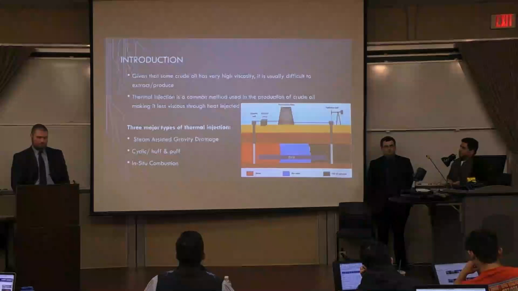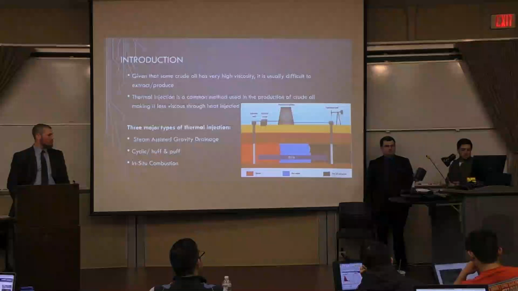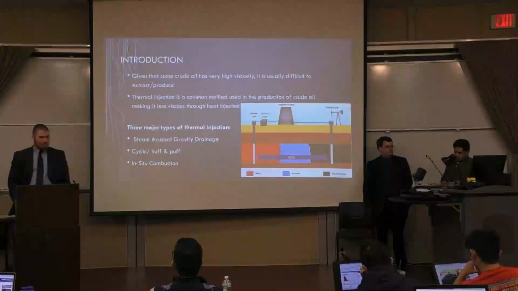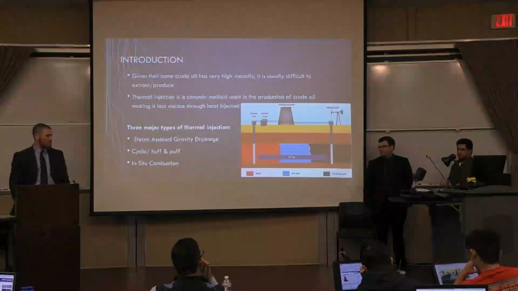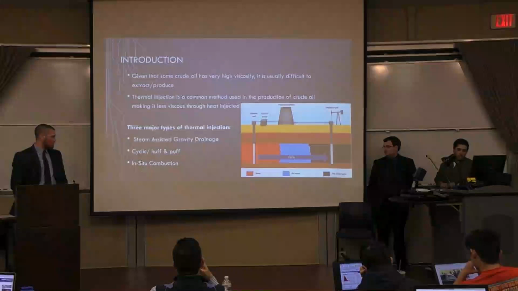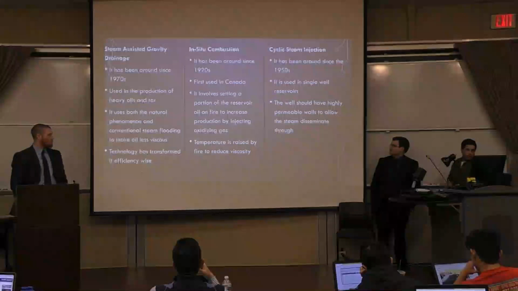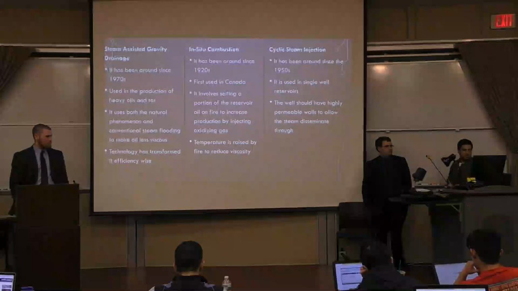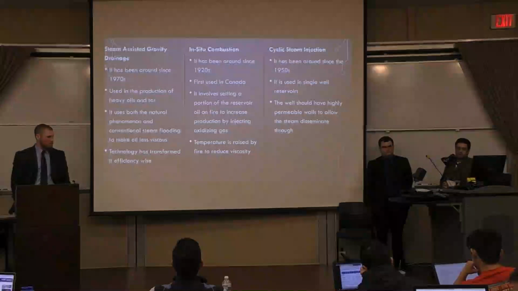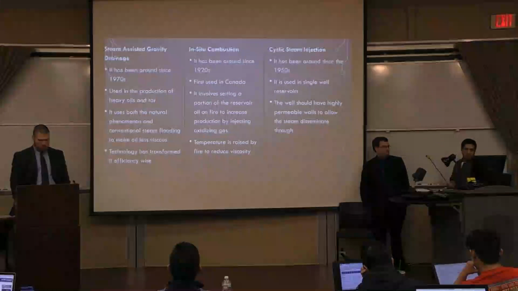The three major types of thermal injection are steam-assisted gravity drainage, cyclic steam injection or huff and puff, and in-situ combustion. So the steam-assisted gravity drainage has been around since the 1970s.